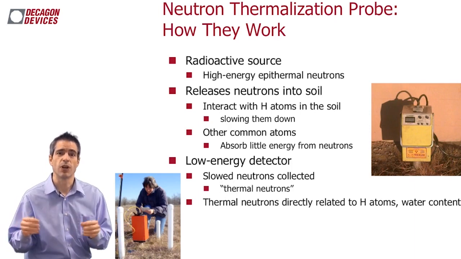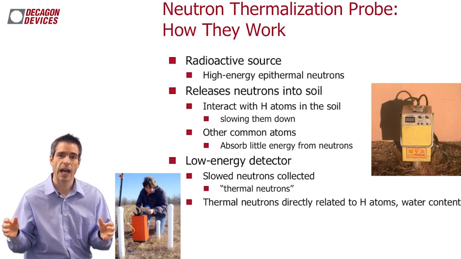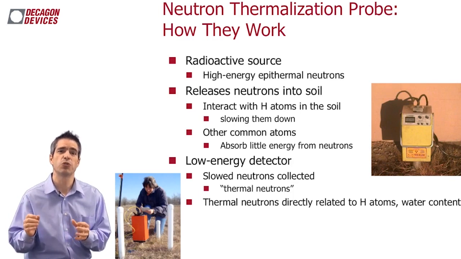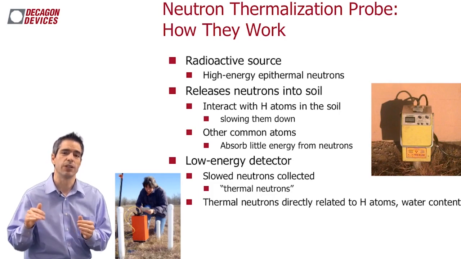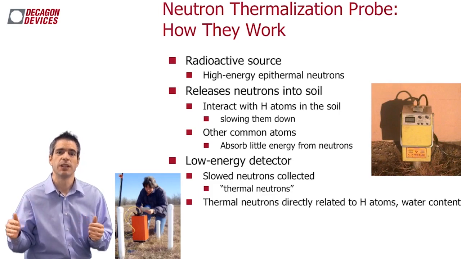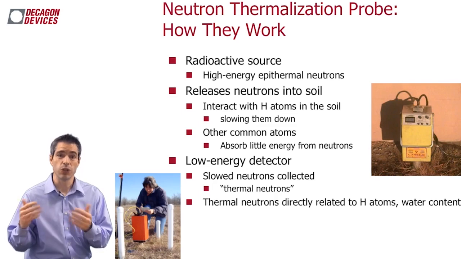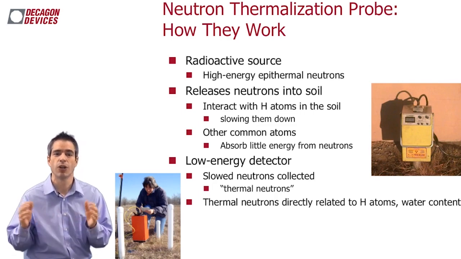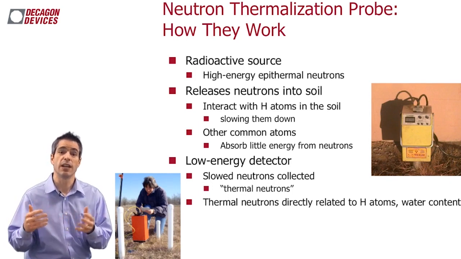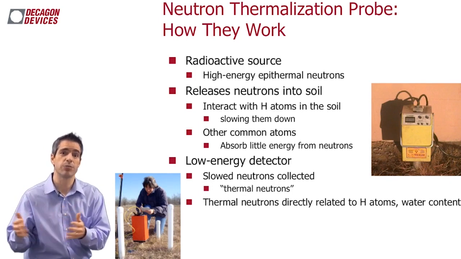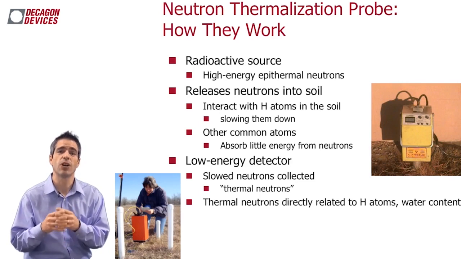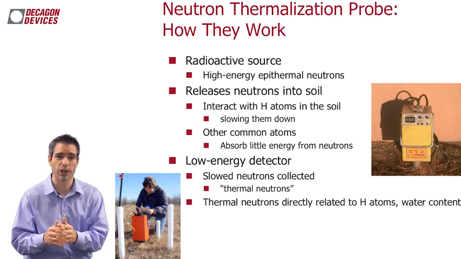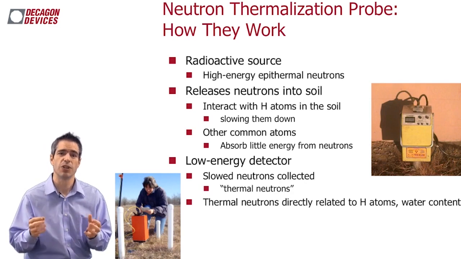they move. Some of the neutrons that are emitted will interact with hydrogen atoms, and when that happens, those neutrons are then slowed. And the fact that they are slowed in this interaction can be useful to us, because with a detector, some of those neutrons, now called thermal neutrons, can be detected, and the amount of thermal or thermalized neutrons then can be related to the amount of hydrogen atoms in the soil.